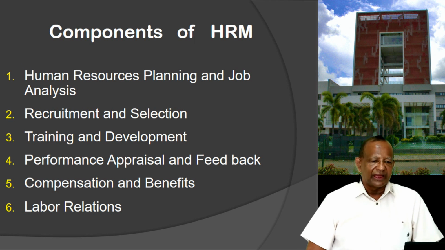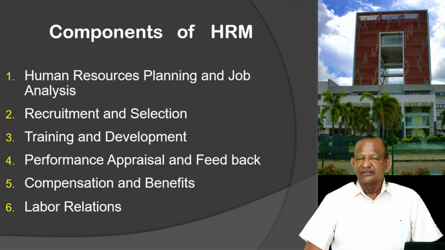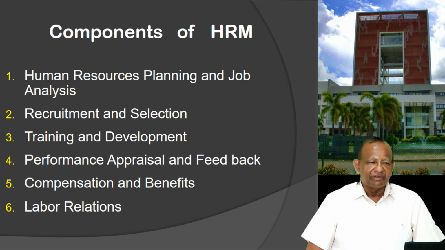That is human resources planning and job analysis, recruitment and selection, training and development, performance appraisal and feedback, compensation and benefits, and labor relations. So this lesson we will stop here, and the next lesson we will look into these components of HRM.